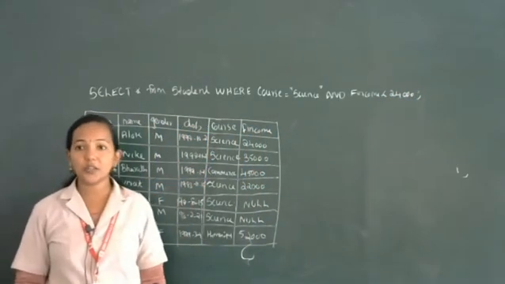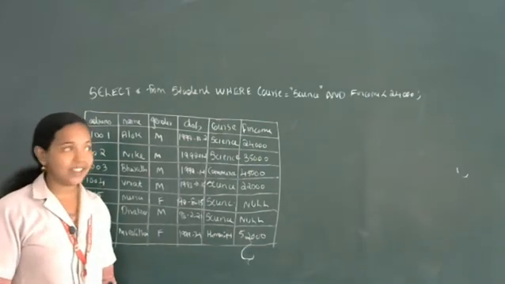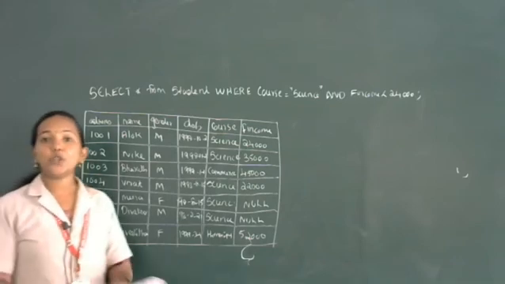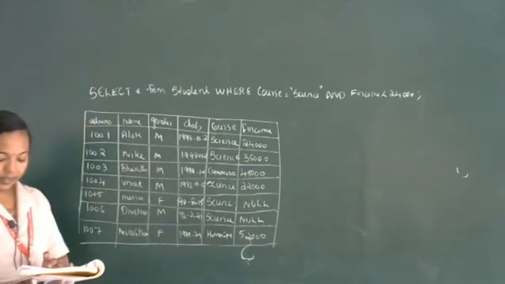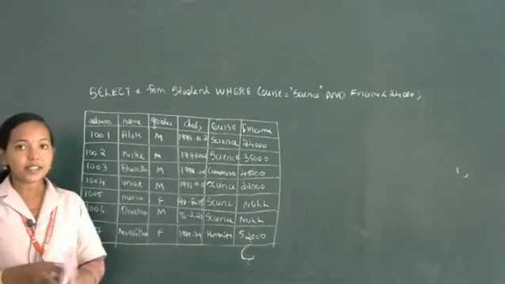Two conditions want to be satisfied. What is the first condition? Course is equal to science and F income less than 24,000. Like this, two conditions we can specify.